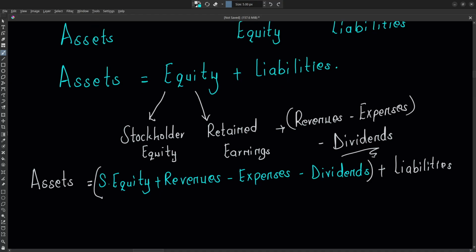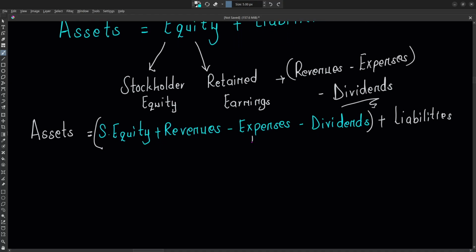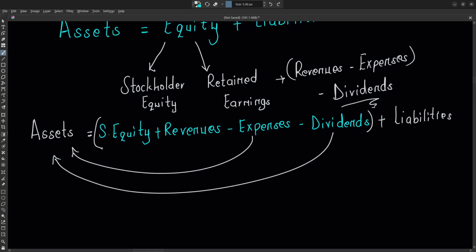So let's take these two to the other side of the equation, because they are deducted. Dividends, when it comes on this side, is not a minus, so it becomes a plus, an addition. So you're going to have dividends.